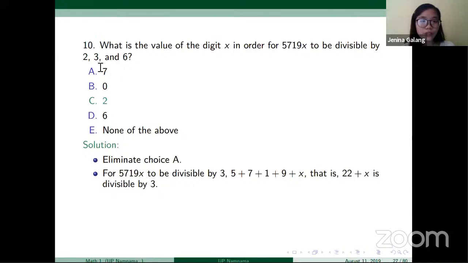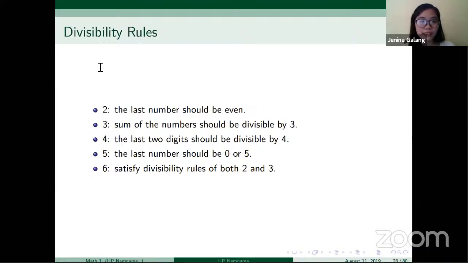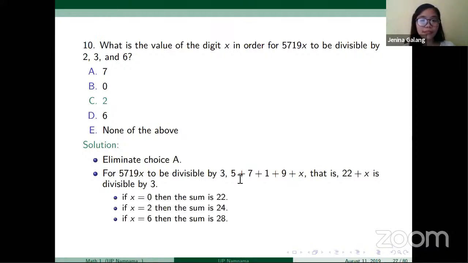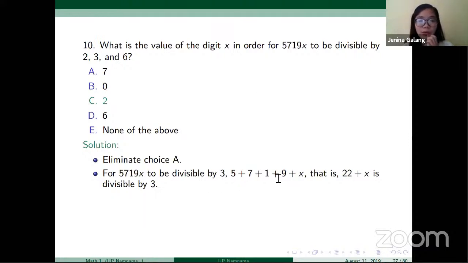next yung divisibility sa number 3, dapat yung digits natin 5719 and x, the sum of these digits is divisible by 3. So we have 5 plus 7 plus 1 plus 9 plus x, that is 22 plus x, should be divisible by 3.